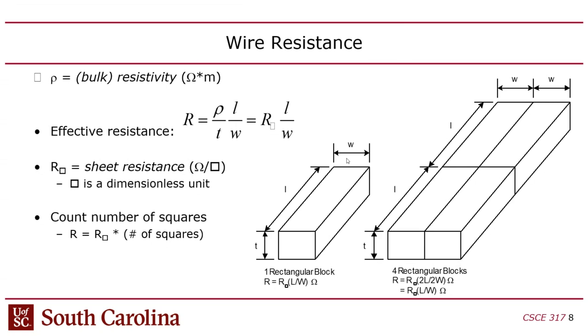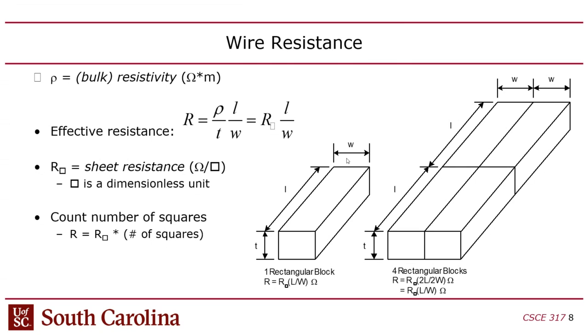which is shown as R sub square. Yeah, that's the sheet resistance, literally a square. This is the first time I have ever seen a square used as a mathematical symbol. But believe it or not, R sub square is the sheet resistance.